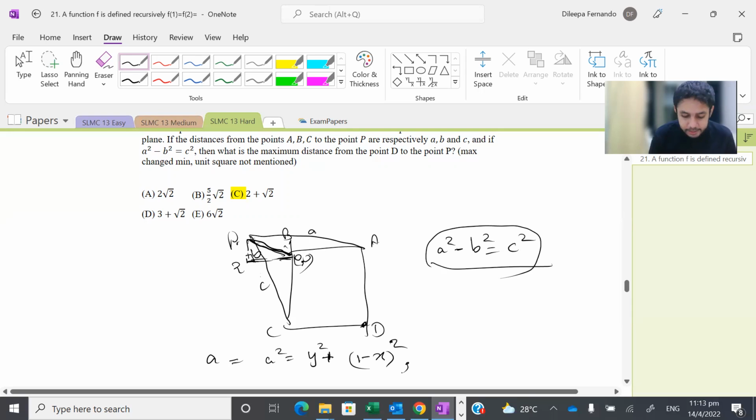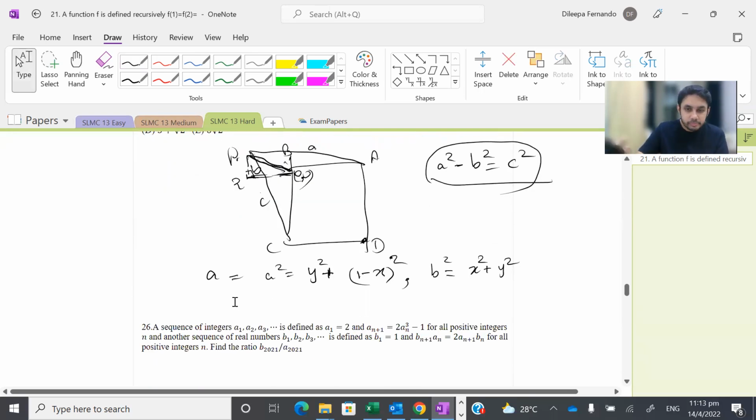And similarly, we can write B squared equals simply x squared plus y squared. Since it's squared, we don't care about the sign of x and y.